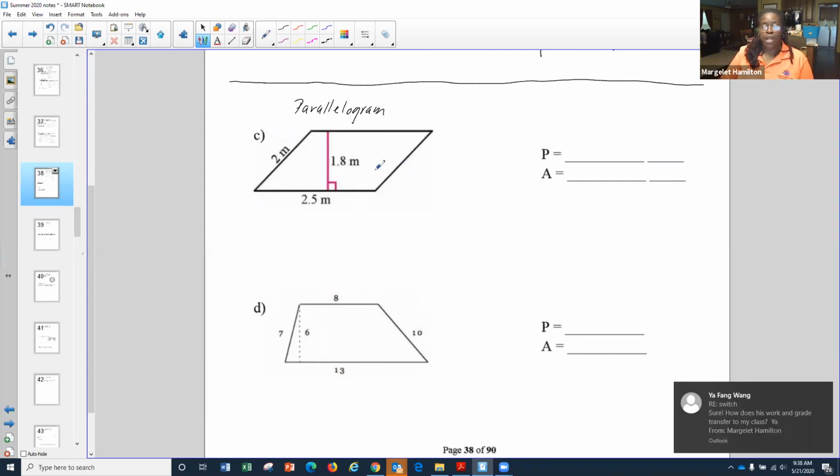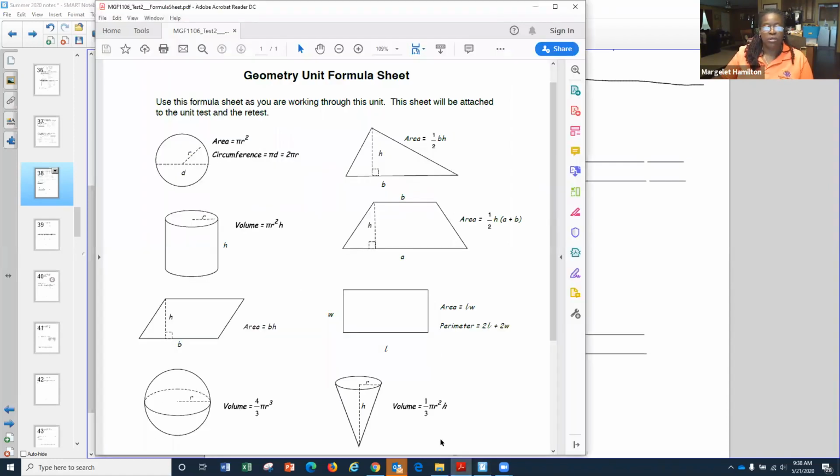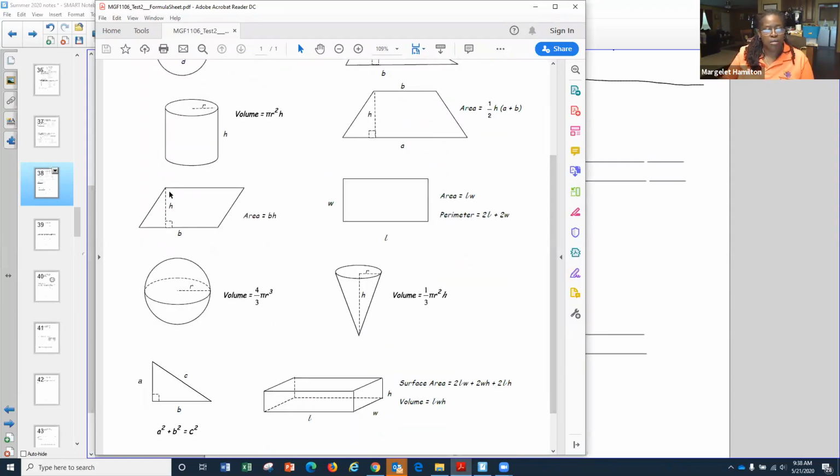So if this side is 2 meters, then this is 2 meters. If this is 2.5 meters, then this is 2.5 meters. Now we've got all the sides labeled. Let's get the area. Go into our formula sheet, looking for that shape, and it's right here.